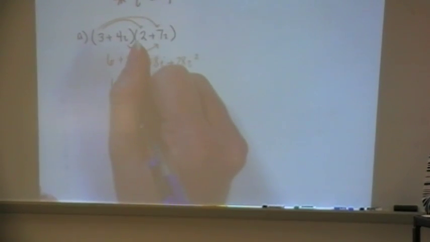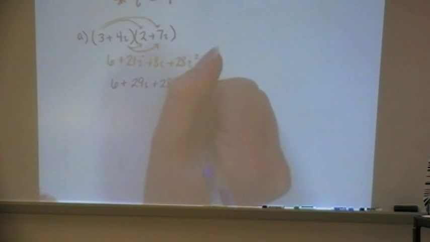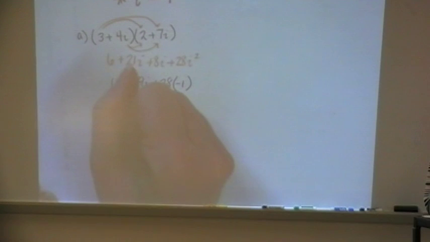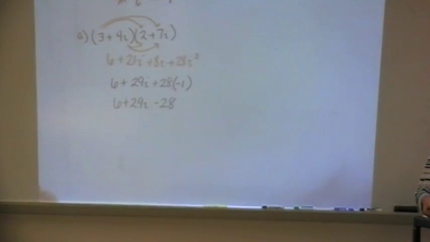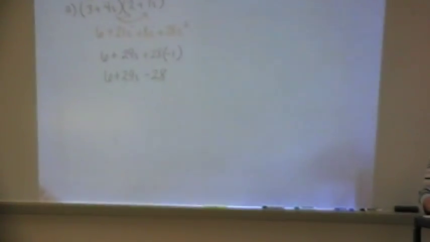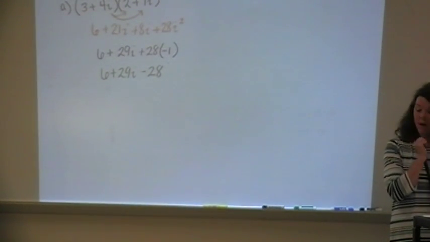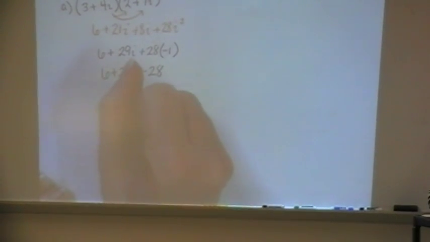So this becomes 6 plus 29i plus 28i squared, and i squared is -1, so I'm going to replace it with -1. I'm probably doing more steps than you would ever do, but that's okay. Don't want to lose anybody. So that would make that -28, which means your final answer now, you do want to write it in a plus bi order, so you want your real value first. So it's going to be -22 plus 29i.